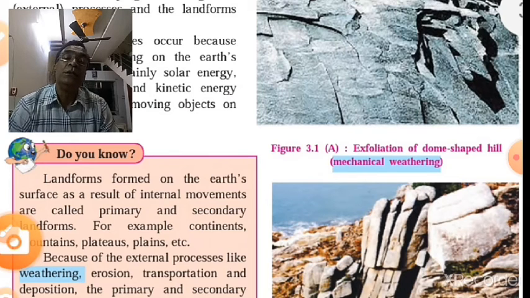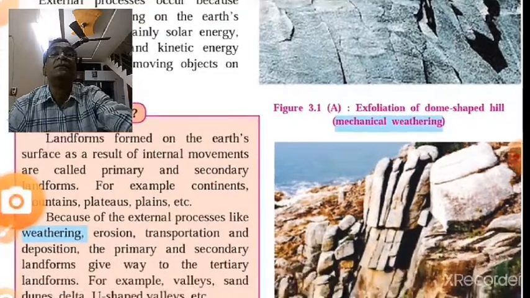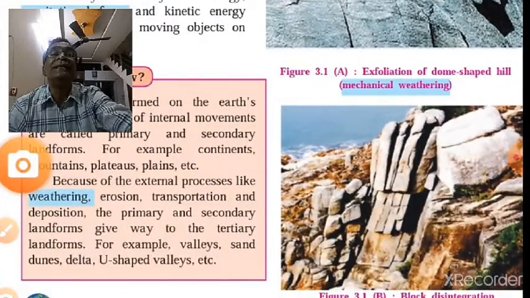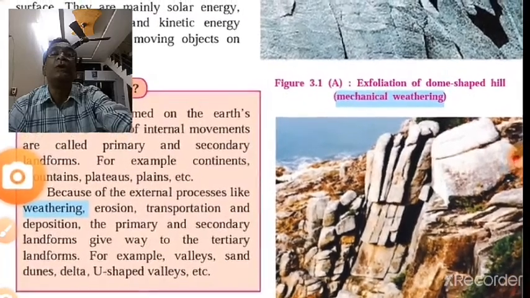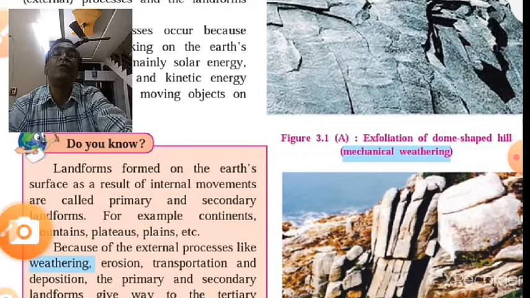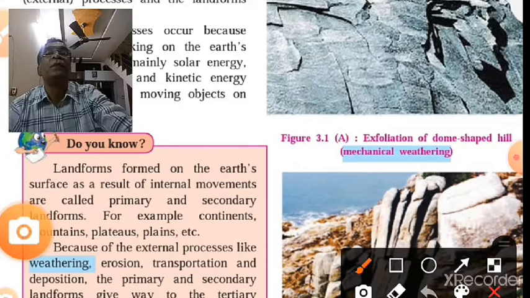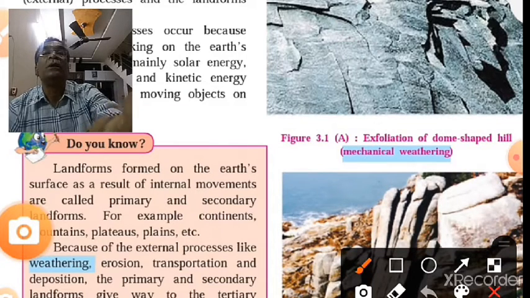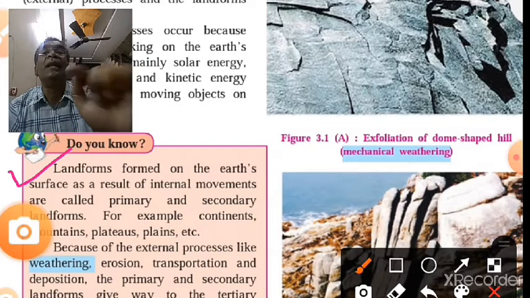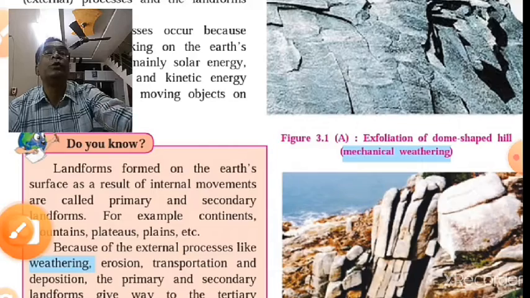Now, the exogenetic forces also create certain landforms. They are U-shaped valleys, sand dunes, and deltas, isn't it? The formation of landforms due to the external processes is called tertiary landforms. So you will be noting this down. You will be making the notes later.